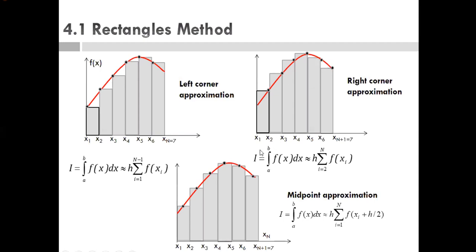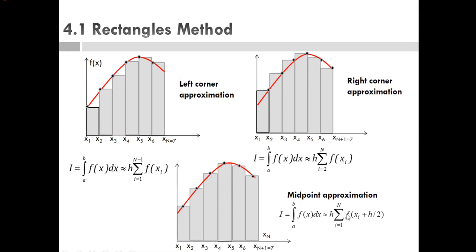So in order to have something in between these two, you can use the midpoint approximation. But for the midpoint approximation, you need additional values, which are the values at the midpoints here, and use them as the height of the rectangle.